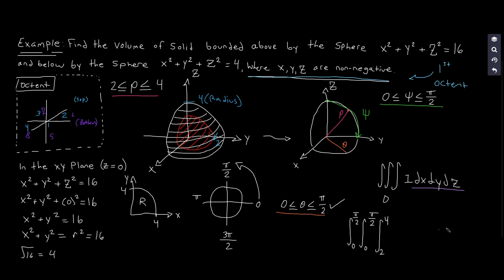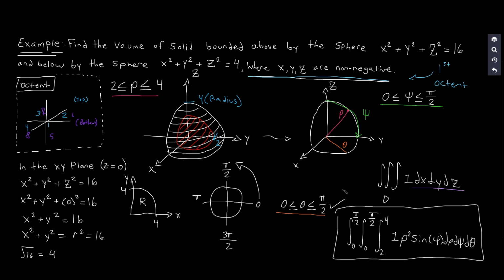So just write that in, the definite integral from 2 to 4. In our integrand, there's a 1 in there, and dx, dy, dz turns into rho squared times sine of psi, integration with respect to rho, psi, and theta. That would be the setup for our integral.